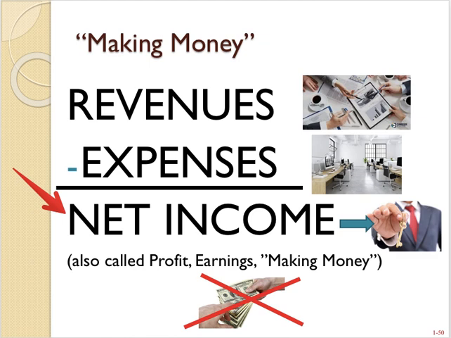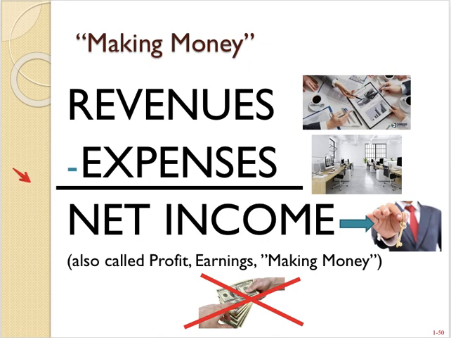And then we do the same thing again the next month in December, and that way we can compare November and December. Okay, so that's why timing is so important, especially when you're talking about revenues and expenses, because we want to know when we sold those products and when we used up the stuff to sell those products.